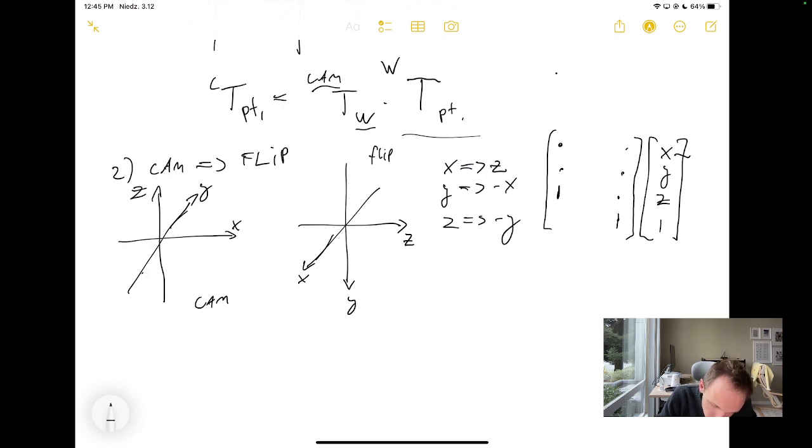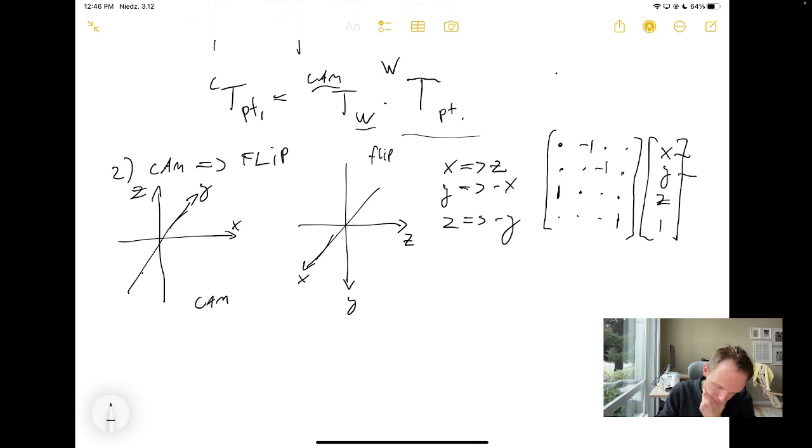I want y to map to minus x, so here -1 and also zeros because it maps to nothing else, and then z I wanted to map to minus y, so nothing, minus 1 and 0. So yeah, here's our transformation matrix, right?